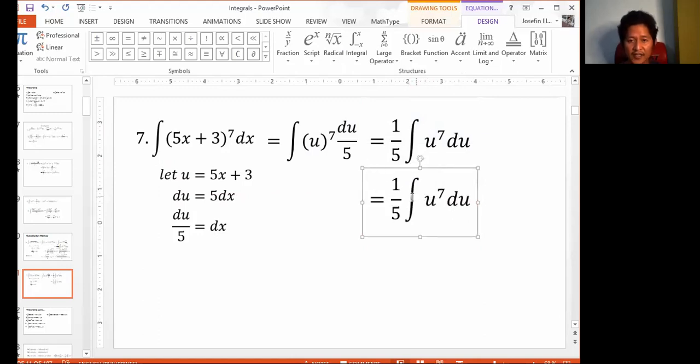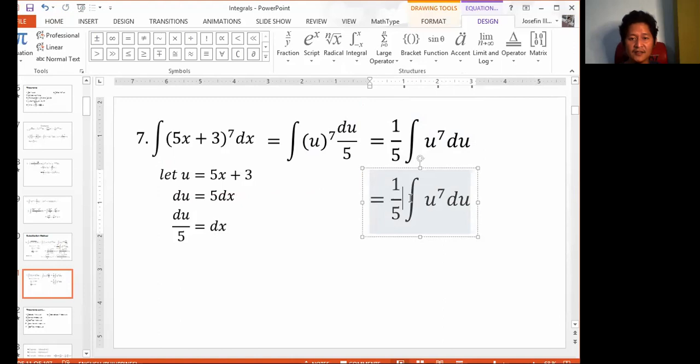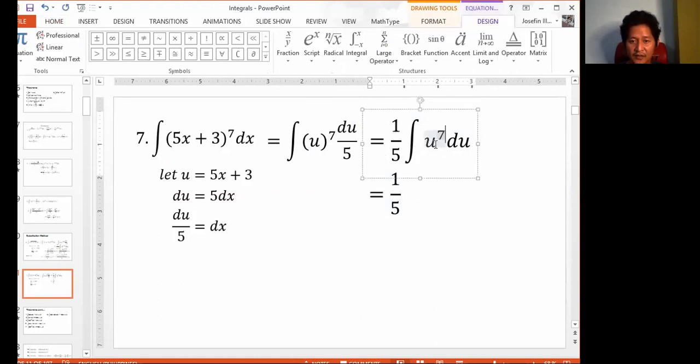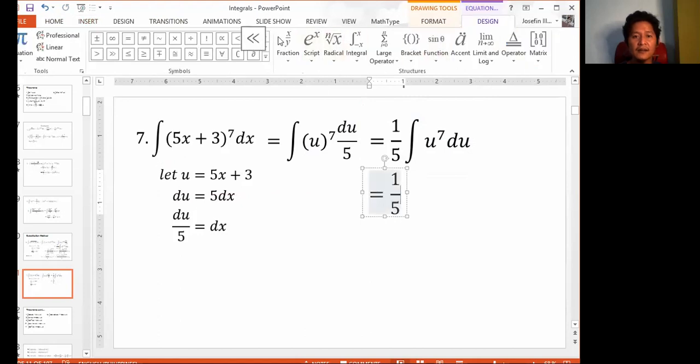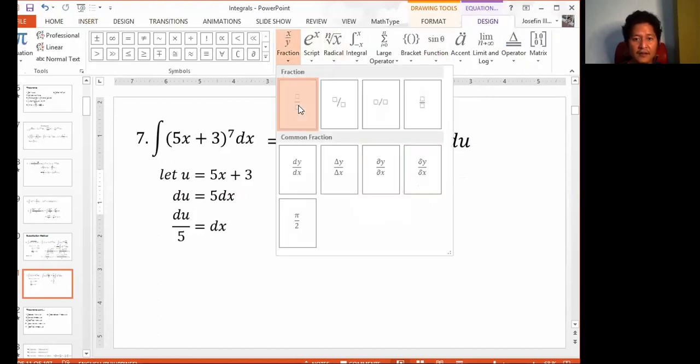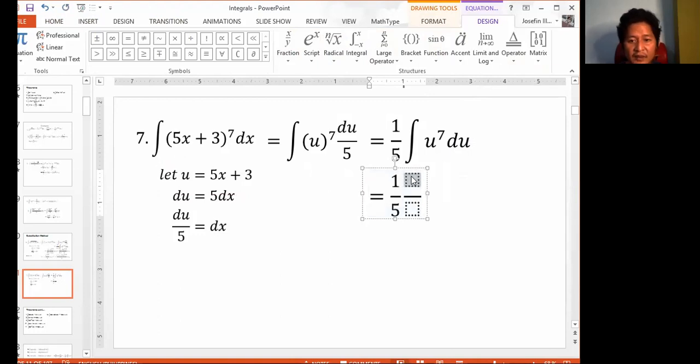Okay. Ano yung integral ng u to the 7? So, ito siya, di ba? u to the 7. Kaso, mag-a-add tayo dito ng 1. Right? So, ito, magiging 7 plus 1 din siya. Or in this case, 8.